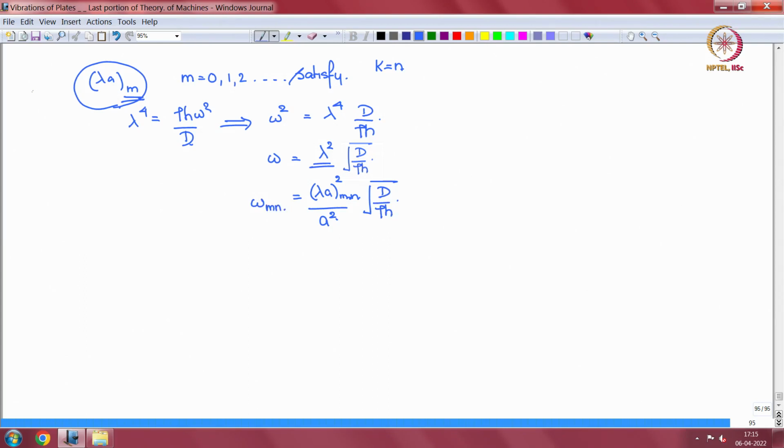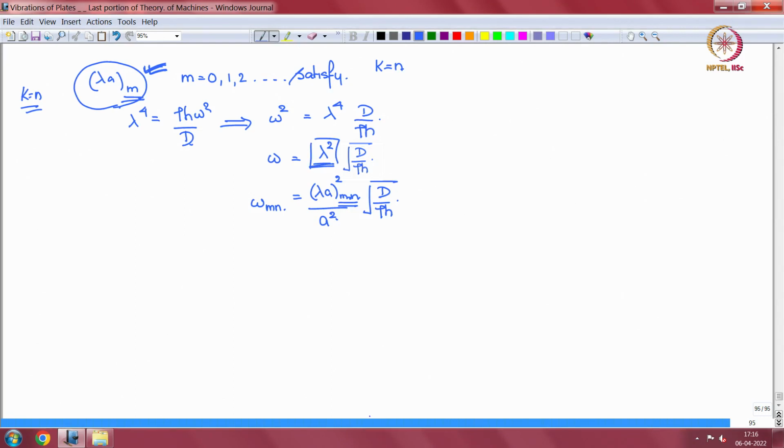For every k equal to n, there are a set of lambda a values. So the lambda a come with the n index hidden. So once I have lambda square, I write it as lambda a squared with index mn, but I remove the a in the denominator.